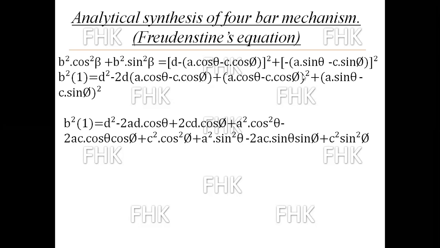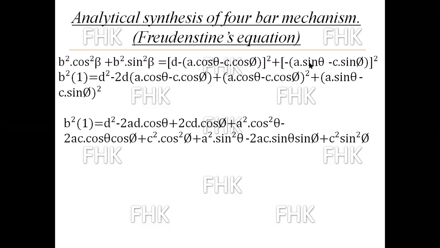Plus the squaring of this bracket, a minus b bracket square, a square plus b square minus 2ab. So squaring this, a square cos square theta minus 2ac cos theta cos phi, plus, this minus minus will become plus, c square cos square phi.